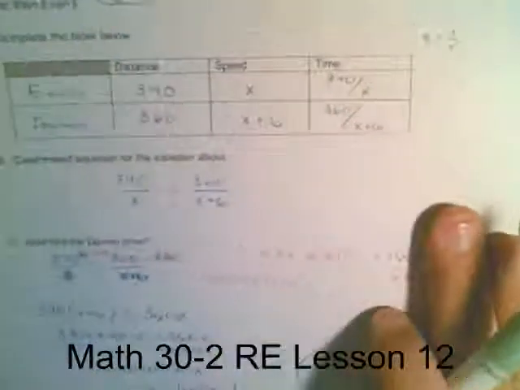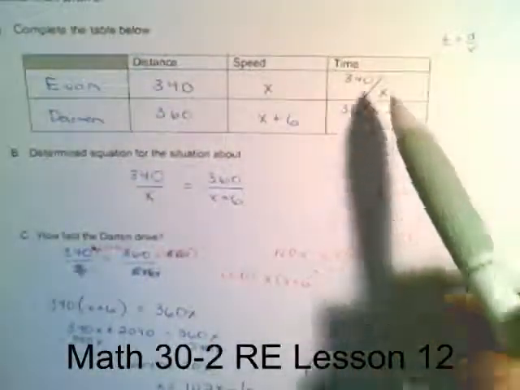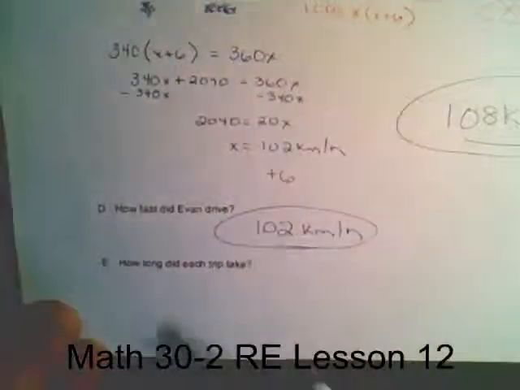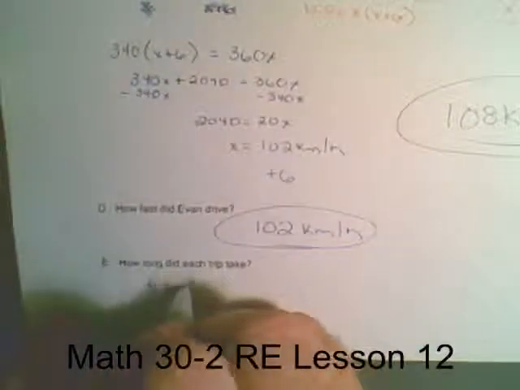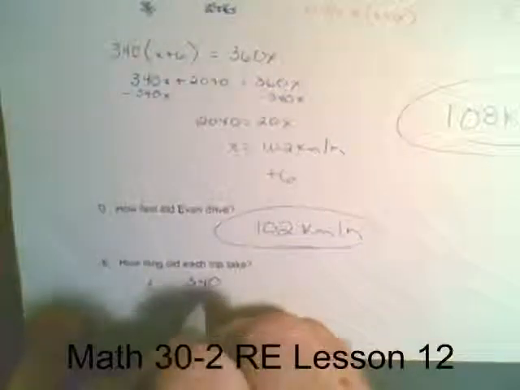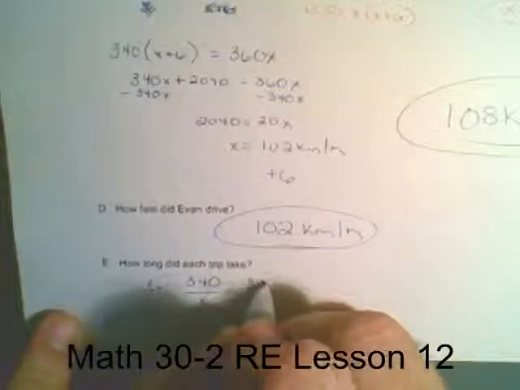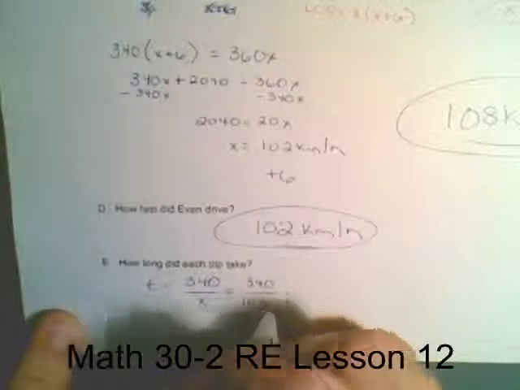How long did each trip take? Well, the trip, I know they're the same. So 340 over x or 360 over x plus 6, these two times are the same. So you get to pick one. Which one do you want to use? I want to use the 340 over x because it's easier.